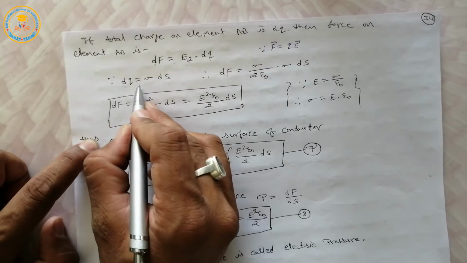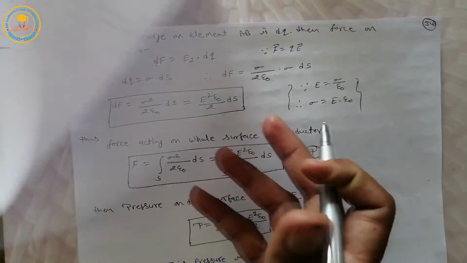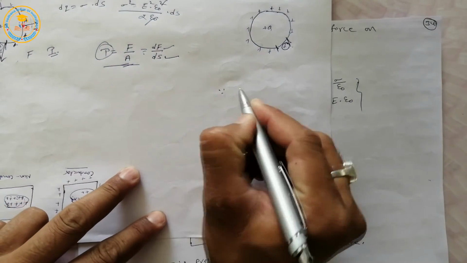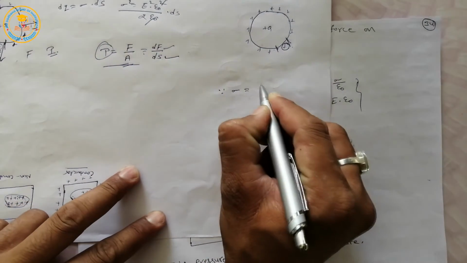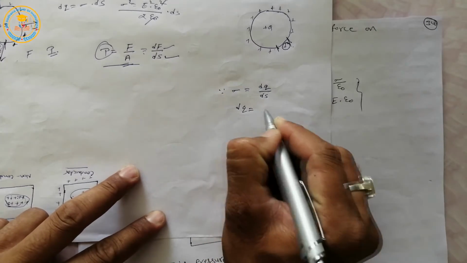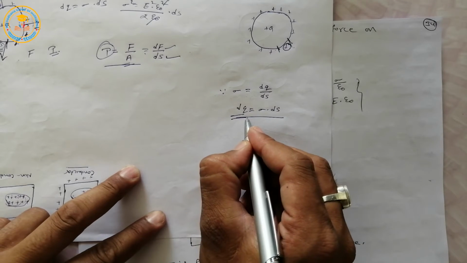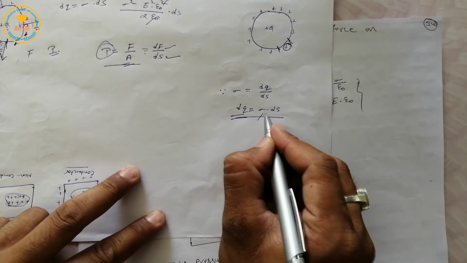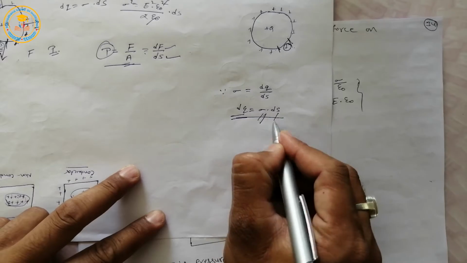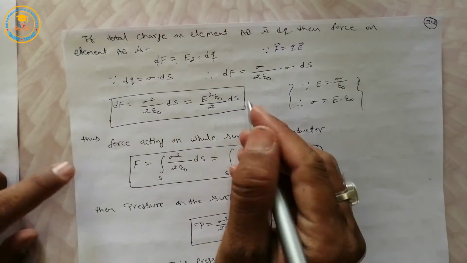Since we know that surface charge density sigma is equal to dQ over ds, dQ is equal to sigma into ds. Here dQ is the charge on element AB, sigma is the surface charge density, and ds is the surface area of the element.